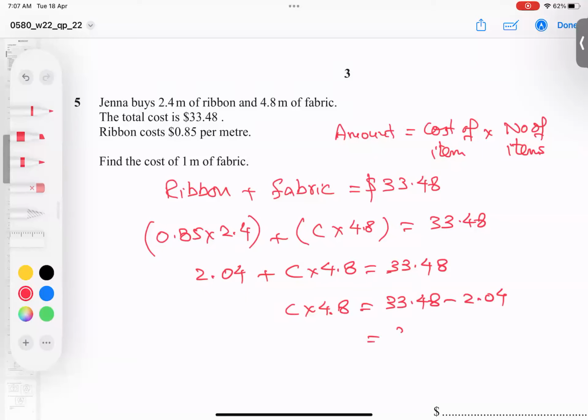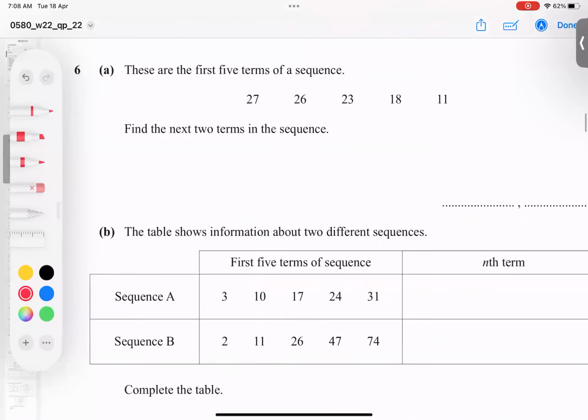Now we subtract, you get 31.44, and then this 4.8 will divide. So if I divide this answer by 4.8, we can easily find the cost. The cost of fabric is $6.55. I hope the point is very clear.